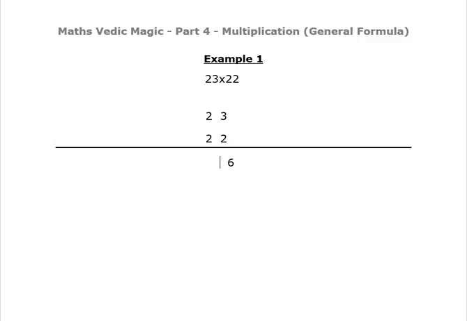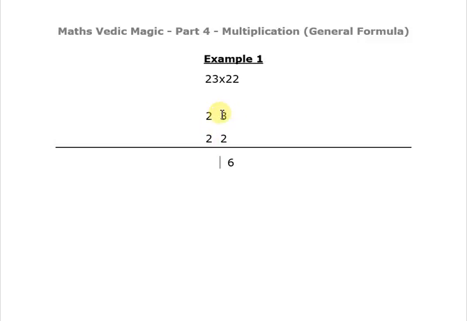Step 2 is the cross multiplication. That is, you start from the right side and then start moving left, doing the cross multiplication and summing them up. In this case, because we have two numbers with 2 digits each, it will involve one cross multiplication. Here it would be the top left digit versus the bottom right digit, and the bottom left digit versus the top right digit.